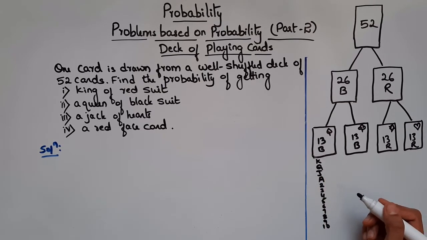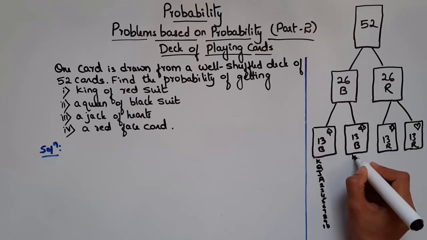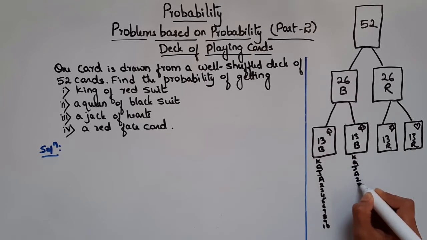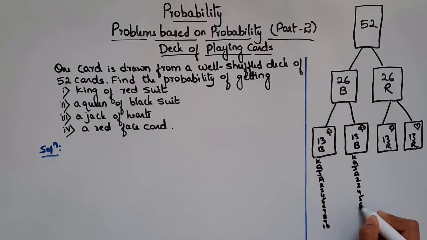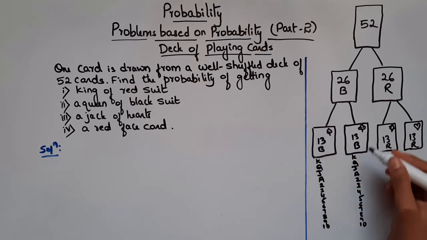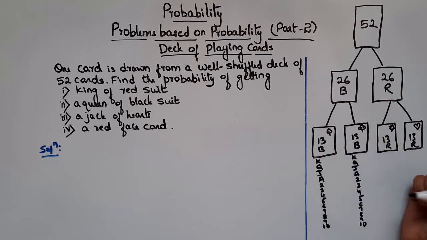13 cards, right? Similarly in this suit also we have king, queen, jack, ace, 2, 3, 4, 5, 6, 7, 8, 9, 10. All these cards have got this symbol, and all these cards have got this symbol, which is club cards.